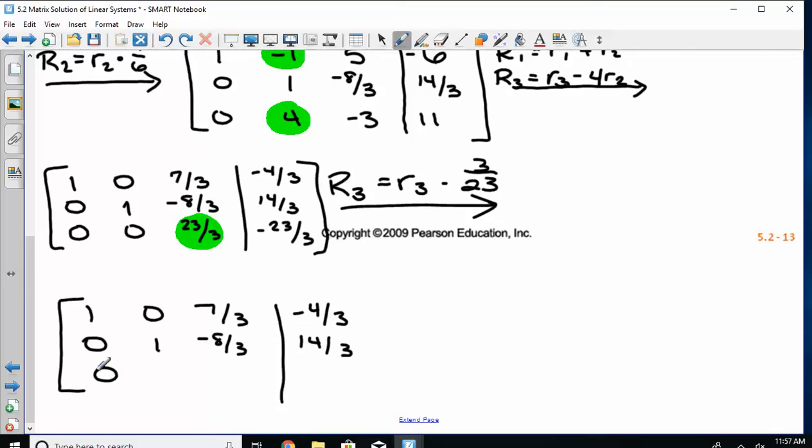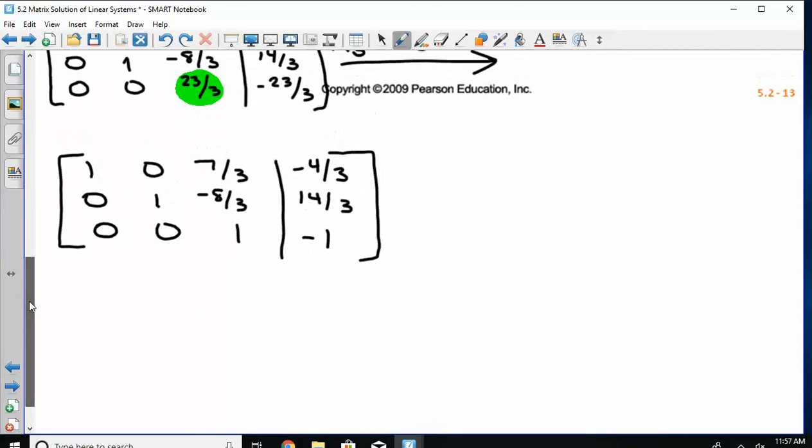So 0 times anything is still 0. 23 over 3 times that would be 1. Negative 23 over 3 times that is negative 1. Yes? Could you possibly get a negative 1 in one of those spots? You would just multiply by a negative if that happened.